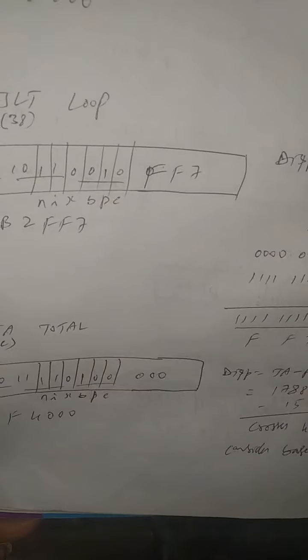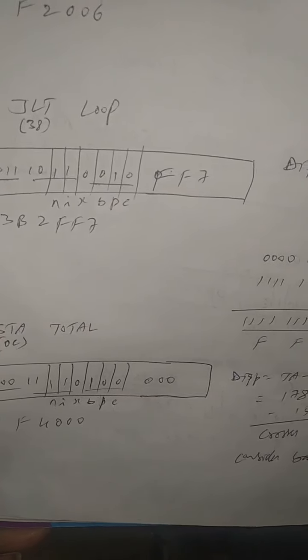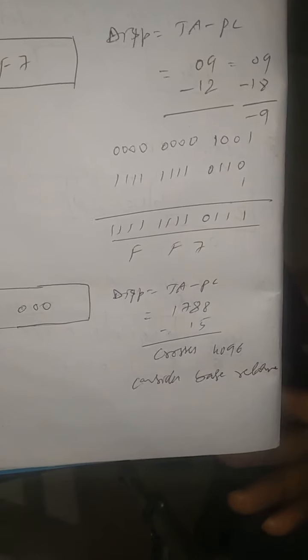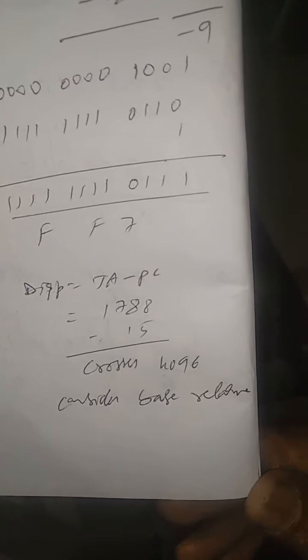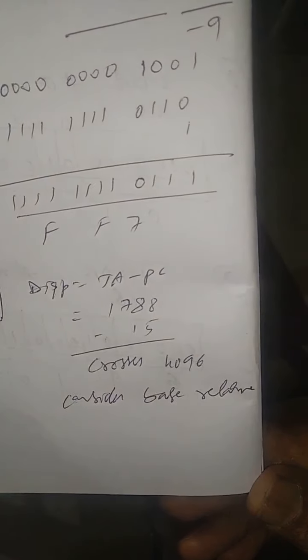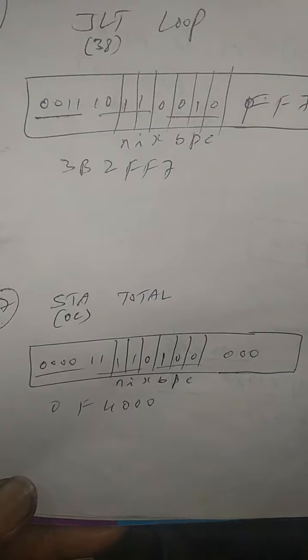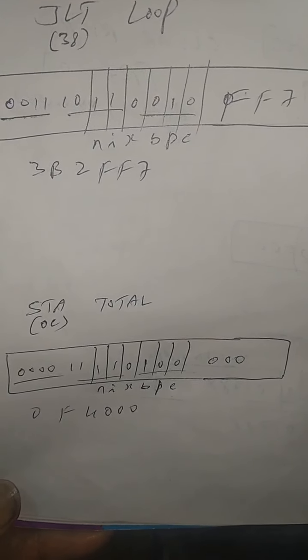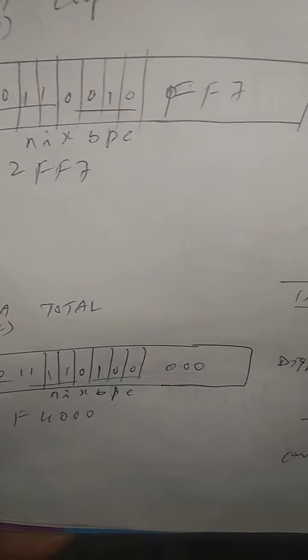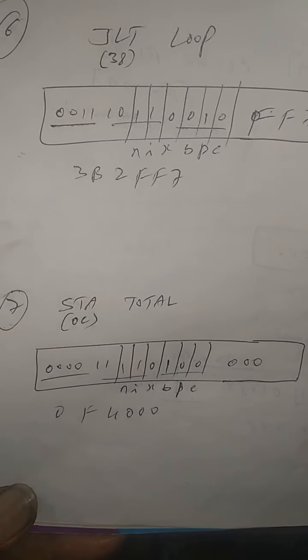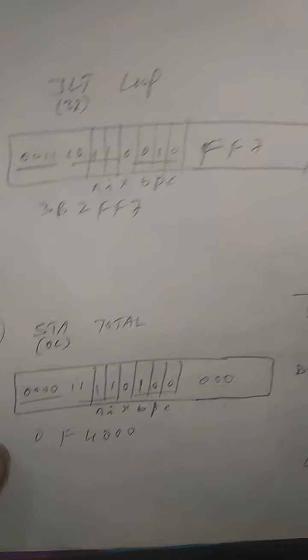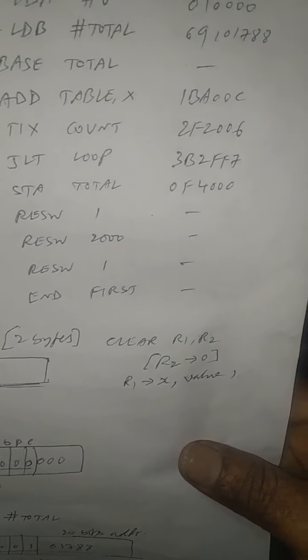We have seen BASE total. So the displacement becomes 0. It crosses 4096, so consider base relative. Make B as 1, then P and E as 0. The displacement is 0. So it becomes 0F4000. So that is what I have written.